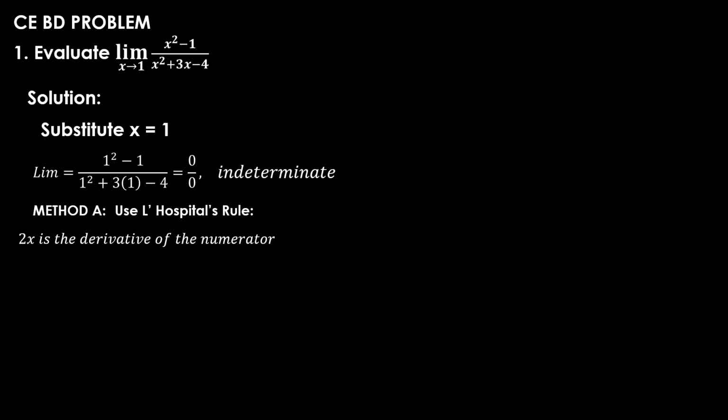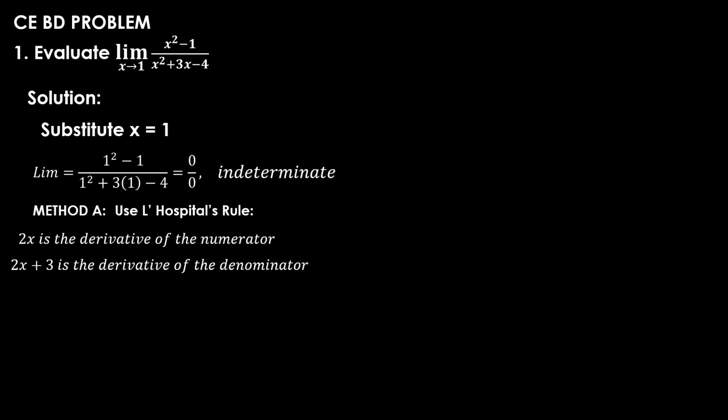In this given limit of a function problem, our numerator is x squared minus 1. What is the derivative of x squared minus 1? Actually, 2x is the derivative of our numerator. Our denominator is x squared plus 3x minus 4.